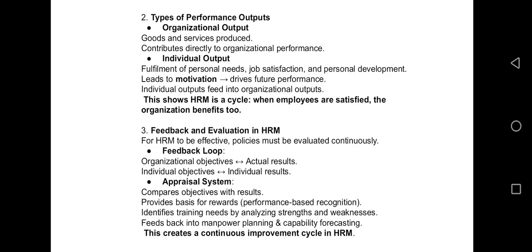The appraisal system compares objectives with results, provides a basis for rewards and performance-based recognition, identifies training needs by analyzing strengths and weaknesses, and fits back into manpower planning and capability forecasting. This creates a continuous improvement cycle in HRM.